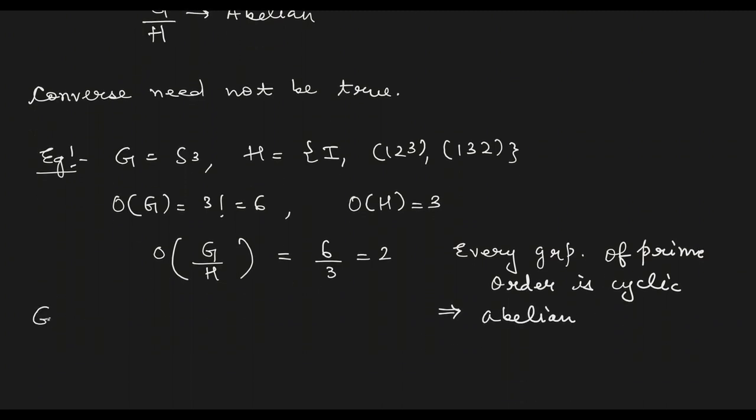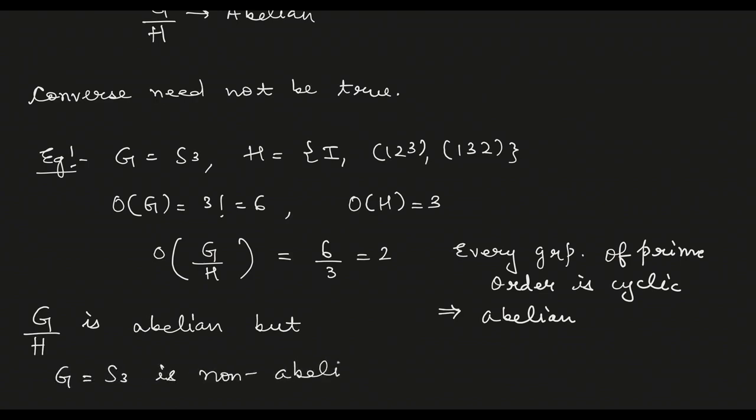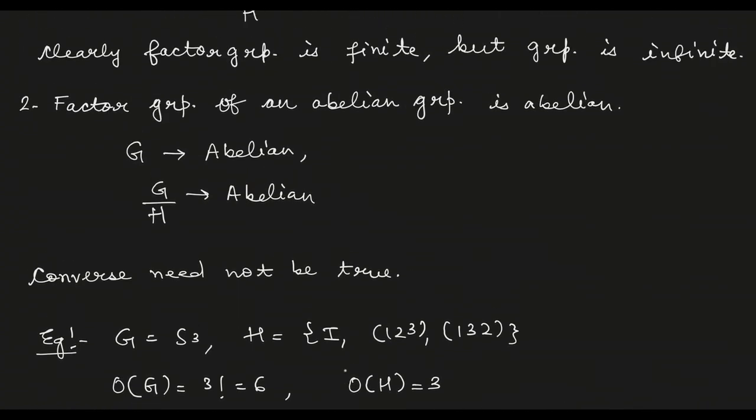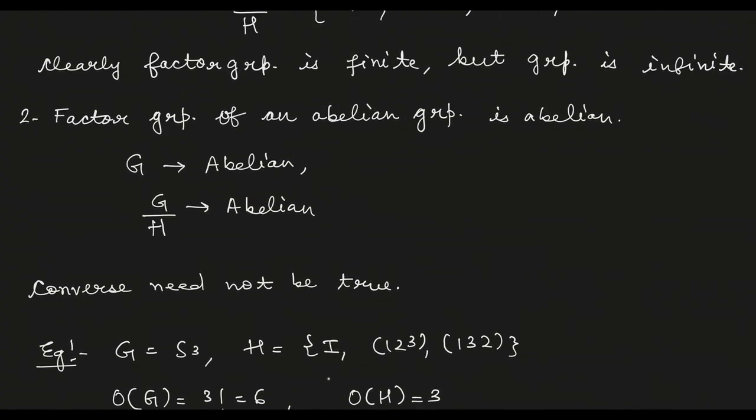So this factor group G by H is abelian, but S3 is non-abelian. So the converse is not true. It is possible that the factor group is abelian, but the group is not abelian.